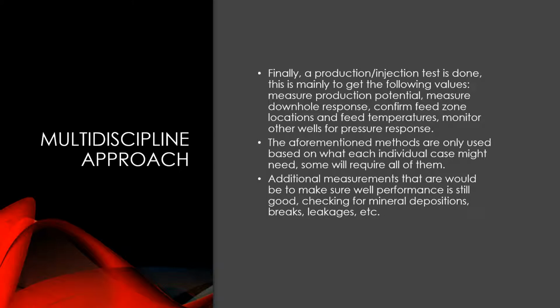This is mainly to get the following values: measure production potential, measure downhole response, confirm feed zone locations and feed temperatures, and monitor other wells for a pressure response. So basically, not to disturb the pressures of surrounding wells or fields.